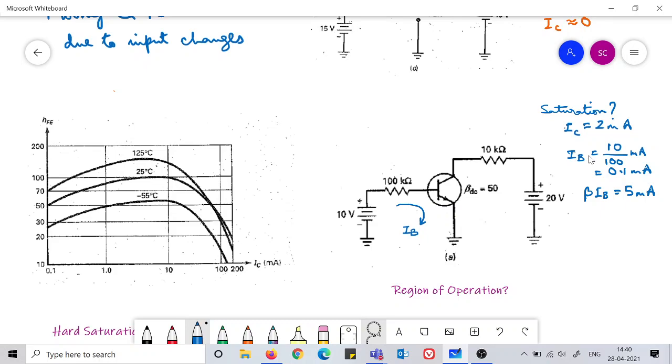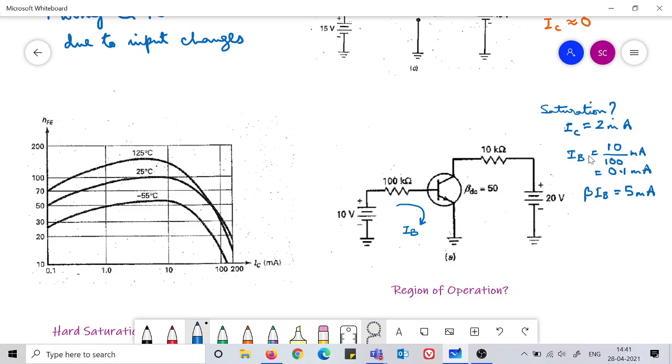If this shorted current is less than the active current, that means it is working in saturation, because the saturation current is actually lower than the active current, because it rises up, right?